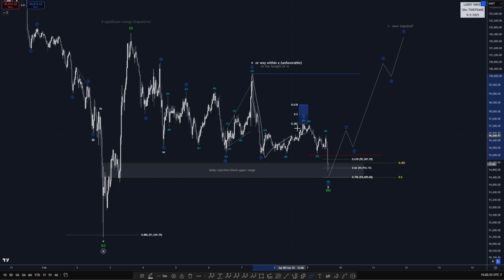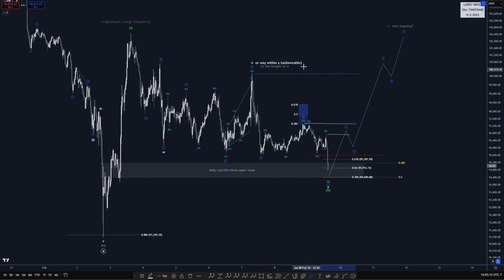The A, B, C for this Y wave. We are directly in my point of interest. We are right here in the zone where I expect us to start moving up out of this area. If we take this lower high, that's a good indication. Once we take these relative equal highs, that's a great indication.